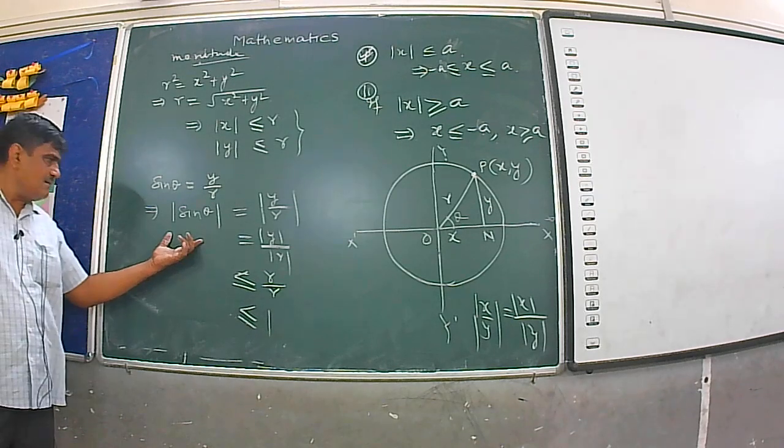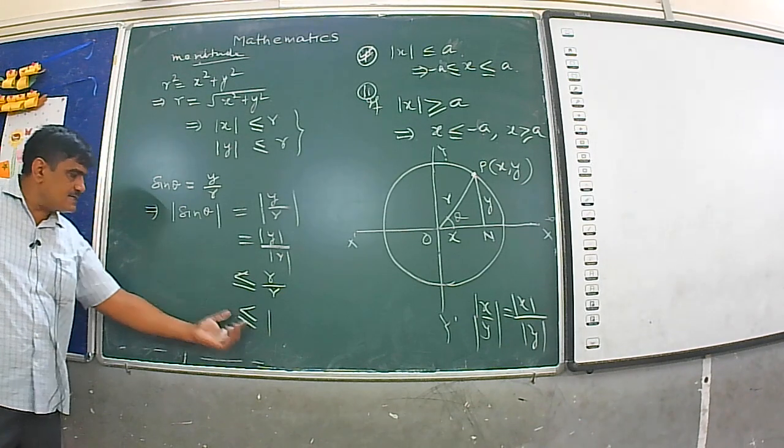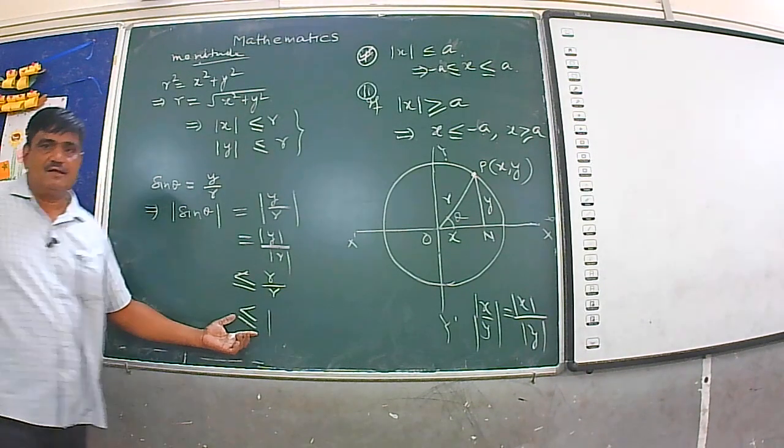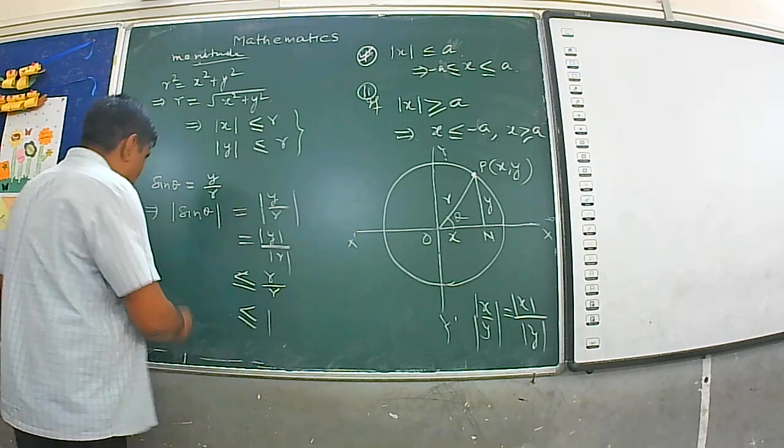From this discussion, we see that the absolute value of sin theta is less than or equal to 1. Magnitude of sin theta is less than or equal to 1.